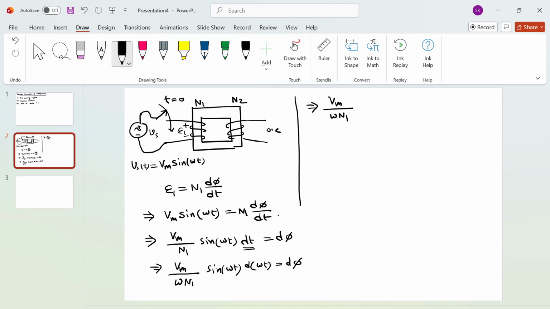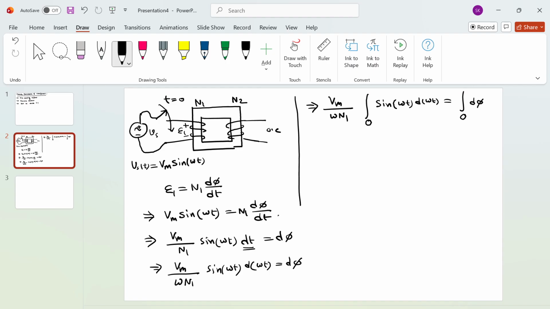At t equal to 0, the flux in the core was 0. So we will integrate it to calculate the flux at any given instant. When you close the switch at t equal to 0, omega t is 0 and the flux was 0, and we want to know the flux at any given time t.